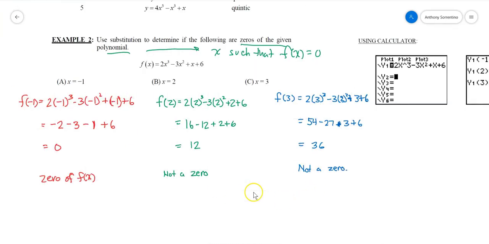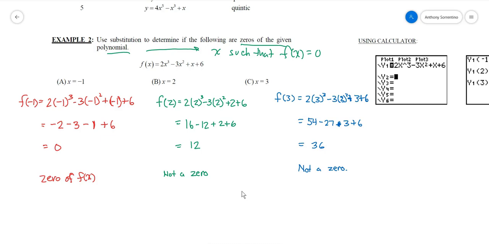So when we talk about zeros of polynomials, or sometimes they're known as roots as well, especially with this one here, example 2, I would expect that there's 3 zeros for this polynomial function. I've only found one. I found that a -1 was a zero.